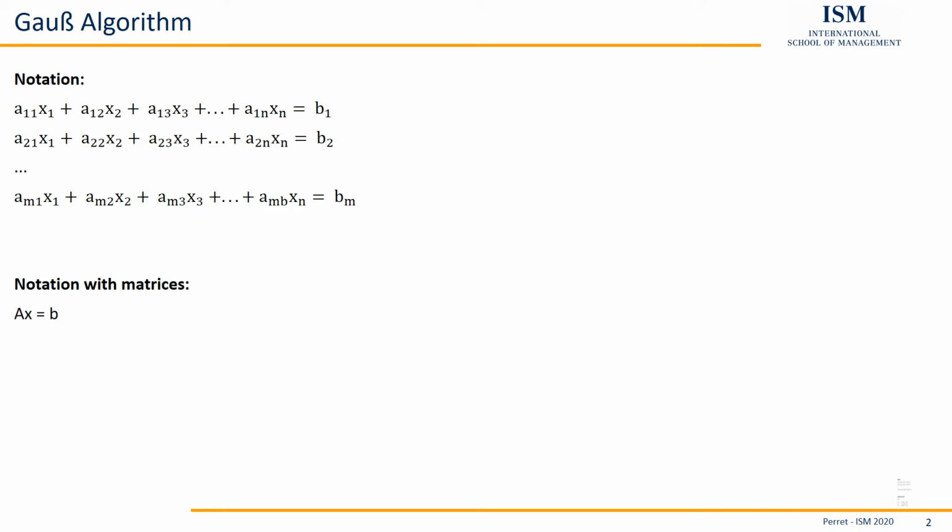So in other words, we have a notation like this, matrix A, which contains all the coefficients from the left-hand side, so the A11, A12, A21, and so forth, multiplied with a vector x, which contains all the variables we are looking for from x1 to xn.